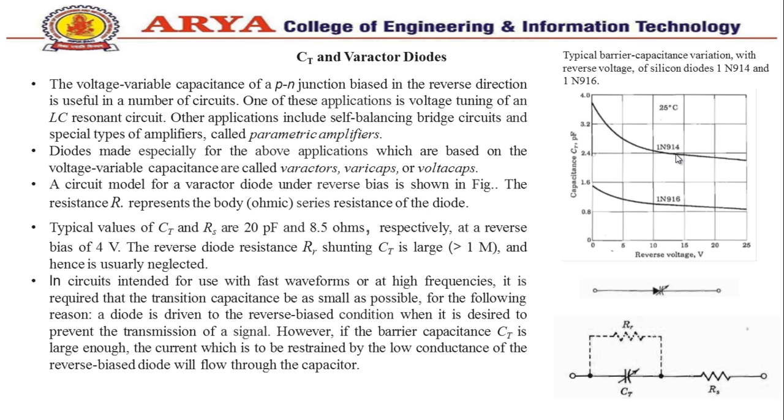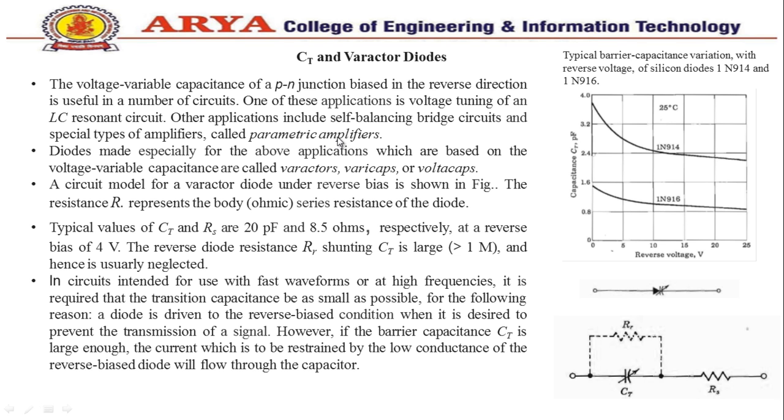The voltage variable capacitance of a PN junction diode biased in the reverse direction is useful in a number of circuits. One of these applications is voltage tuning of an LC resonant circuit; other applications include self-balancing bridge circuits and a special type of amplifiers called parametric amplifiers.